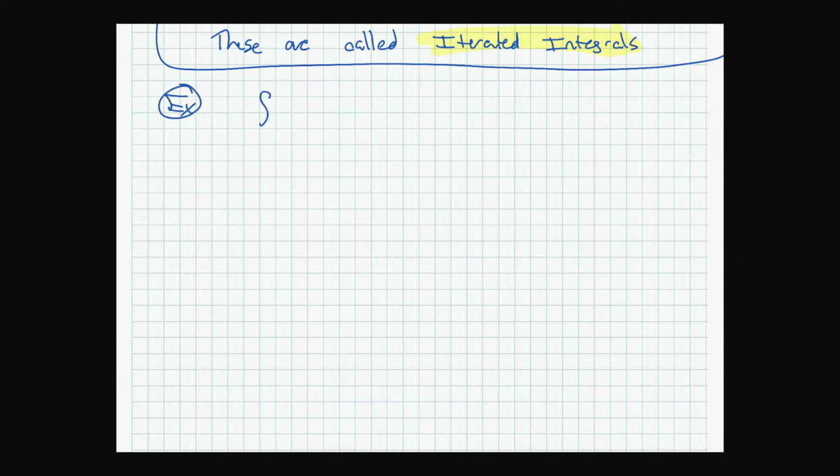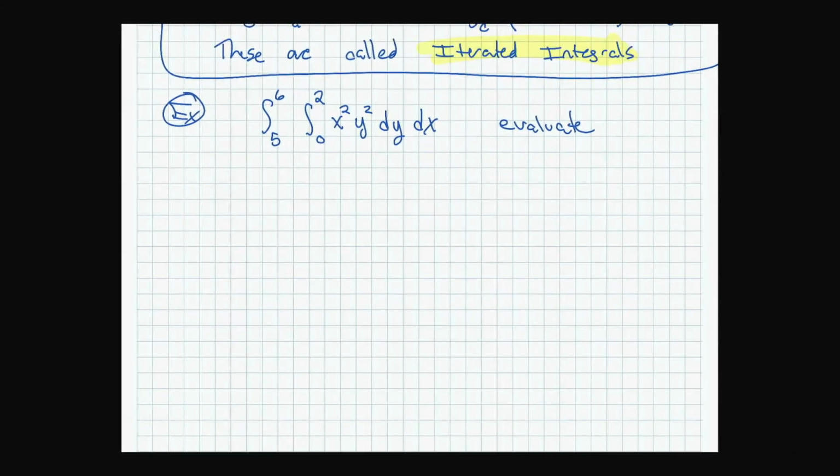So like, let's say I go 5 to 6, and then let's say I go 0 to 2, and then let's say I go x squared, y squared, dy, dx. Okay, and I want to evaluate this. So the first thing to do would be to interpret it as an iterated integral.